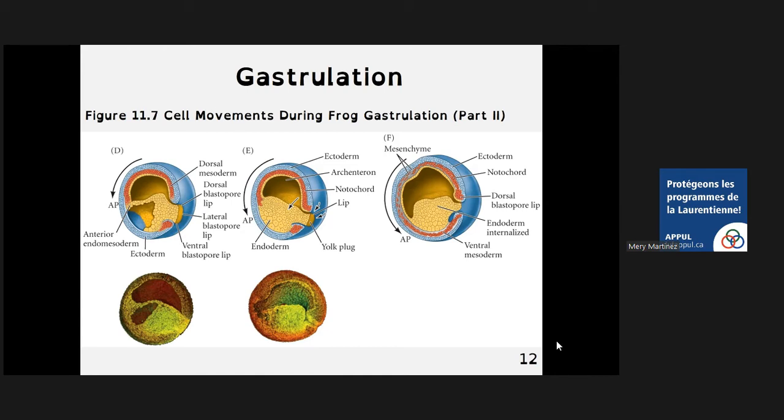Okay. Now, at the very end, the section between the ventral blastopore lip and the dorsal blastopore lip is what we call the yolk plug. Okay. As time passes, we want to see the differentiation of that mesoderm into, here we have the mesenchyme, to form other parts of that embryo, as we're going to see later.